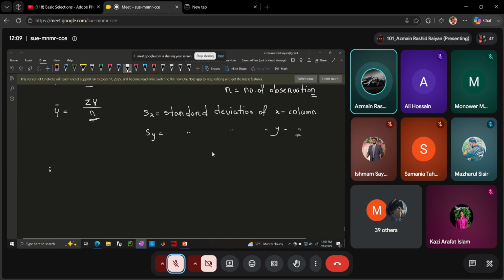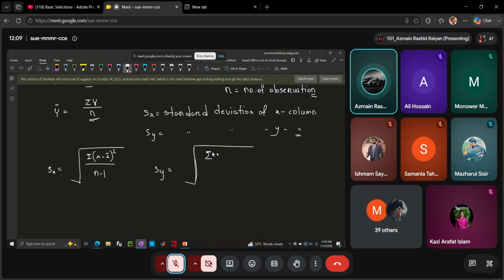Sx will be the square root of the summation of X minus X bar whole square divided by N minus 1. Similarly, Sy will be the square root of the summation of Y minus Y bar whole square divided by N minus 1. So this is how we can find out the standard deviations of the X column and the Y column respectively.